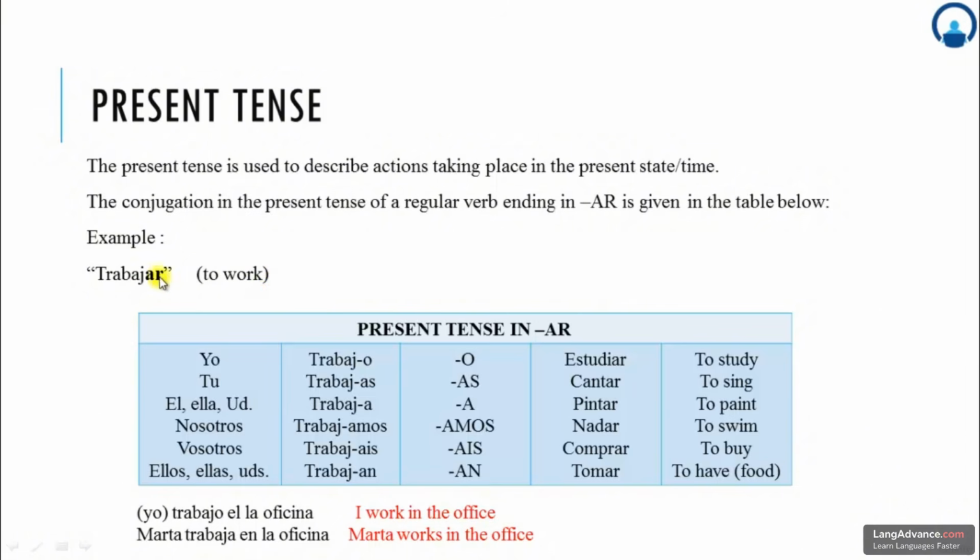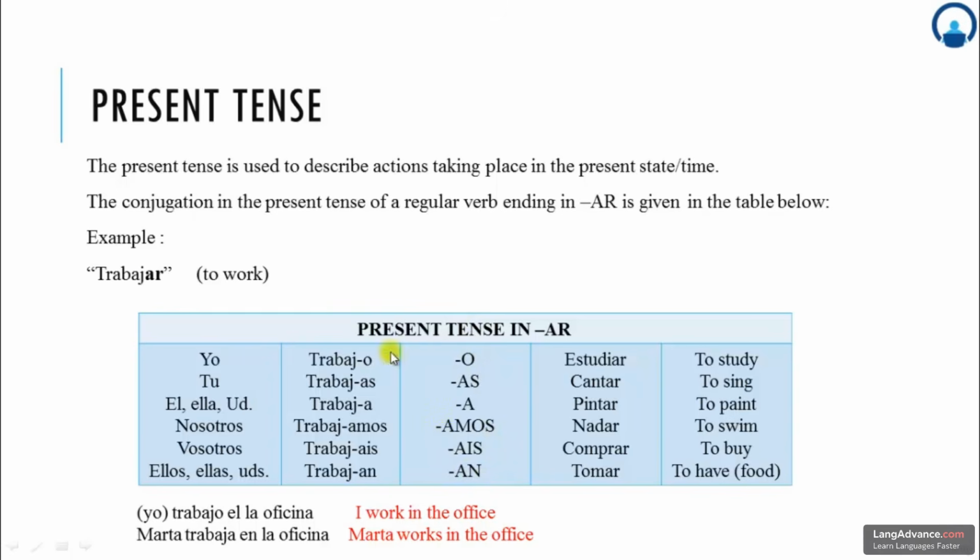Now, how to use this verb in sentence formations? Here we have a table which will be denoting the present tense of the AR verbs and how to use the AR verbs to form sentences. For using the present tense for any AR verb, what you have to do is remove this AR in the ending of any word and replace it with these letters.